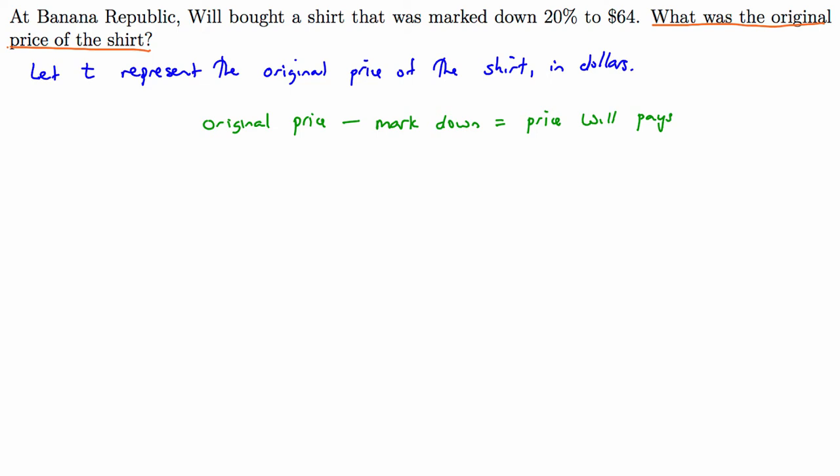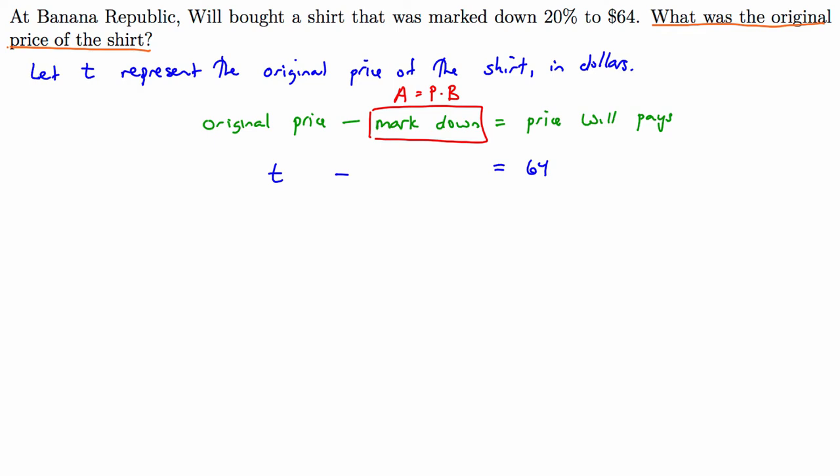Now, incorporating the specifics from the problem and the variable T to represent the original price, we can rewrite this as the original price T being marked down, we'll come back to that in a second, will equal the price that Will pays, $64. To algebraically represent the markdown, we again go back to the markdown's value will equal the percent that it was marked down by times the original price of the shirt.